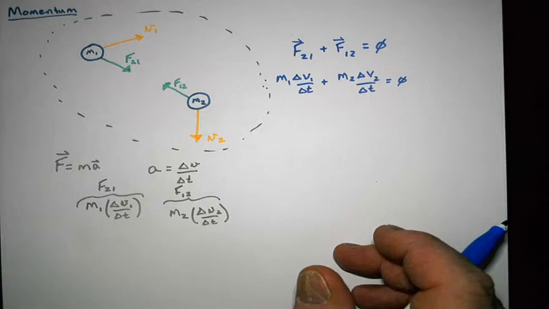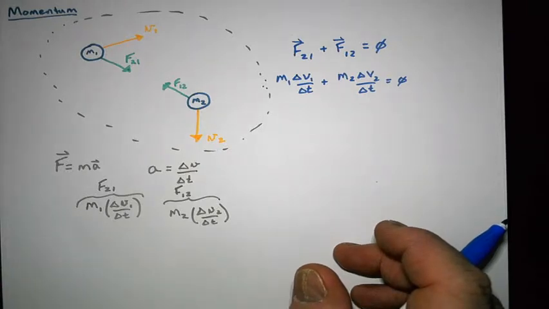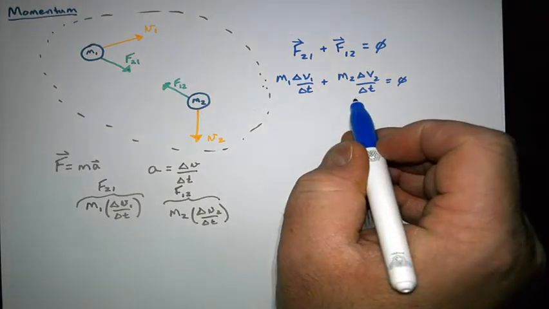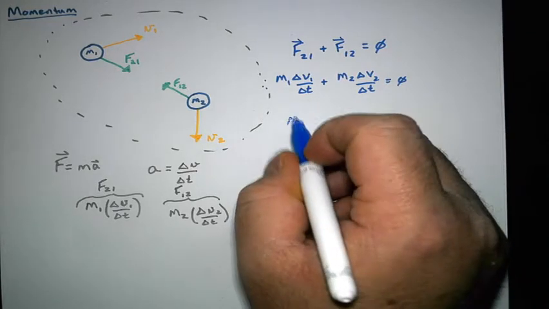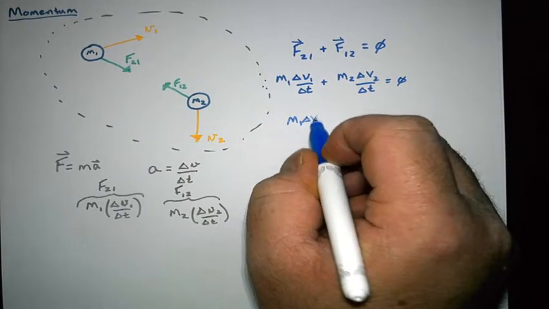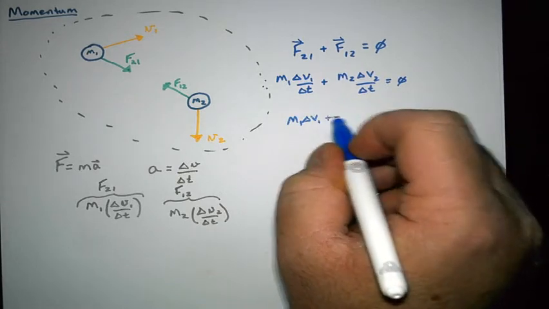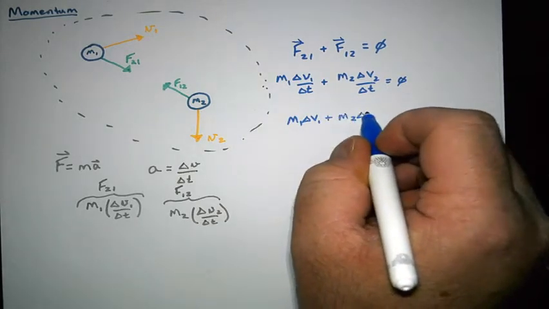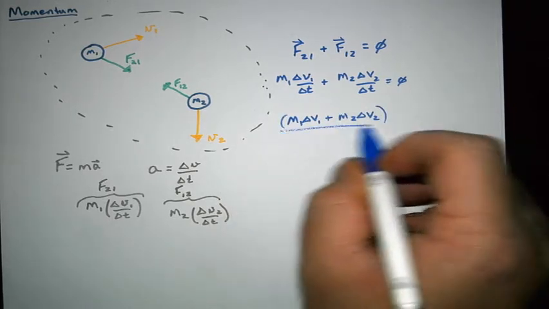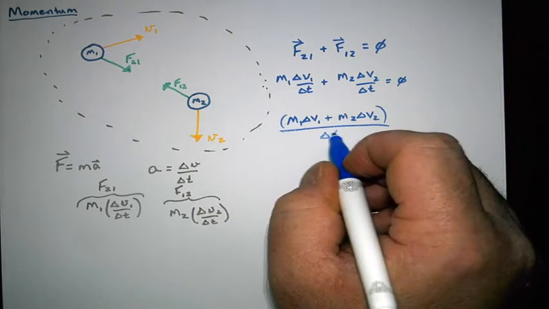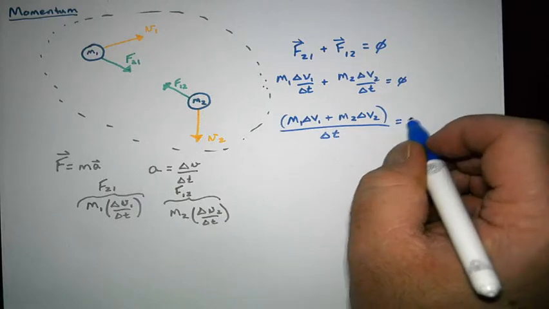Well, these are both over the same amount of time, right? So let's factor that out. We have M1 delta V1 plus M2 delta V2, and this whole thing is divided by delta T, and this equals 0.